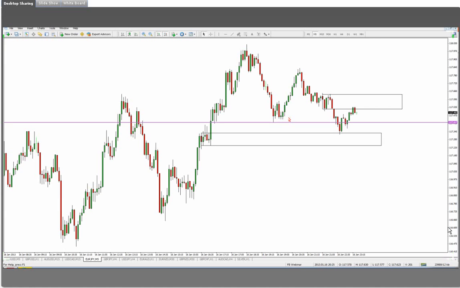But I got on the right side of it for once, and I took an M5 trade, which was a bit unlike me back then, and it completely went, and I got a massive runner. Apart from that, I think my biggest ever winner R-wise has probably been the BOJ intervention. I got in on that at some point.